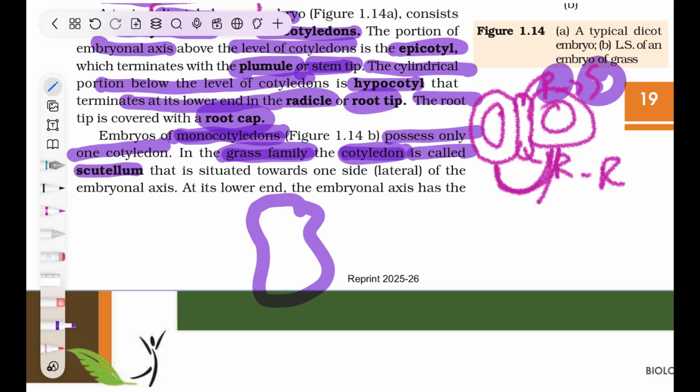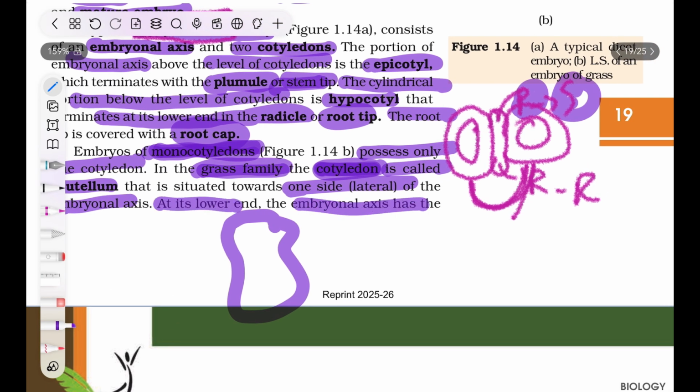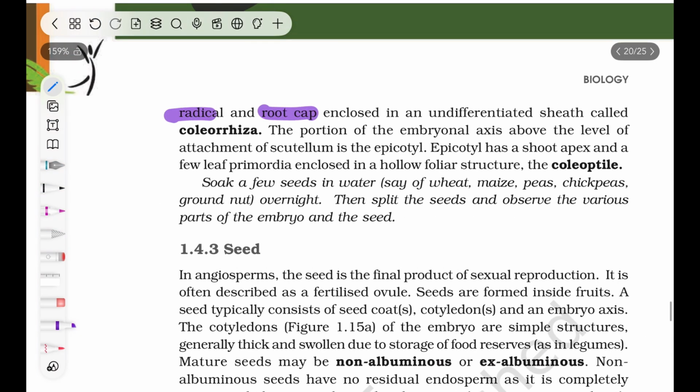What is the scutellum? It is the cotyledon of the monocotyledon. It is situated on one lateral side of the embryonic axis. At its lower end the embryonic axis has the radicle and root cap enclosed in an undifferentiated sheath called the coleorhiza.